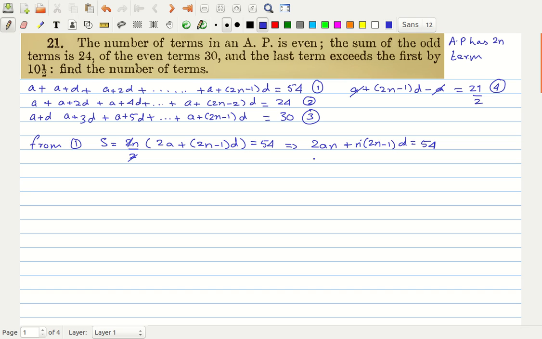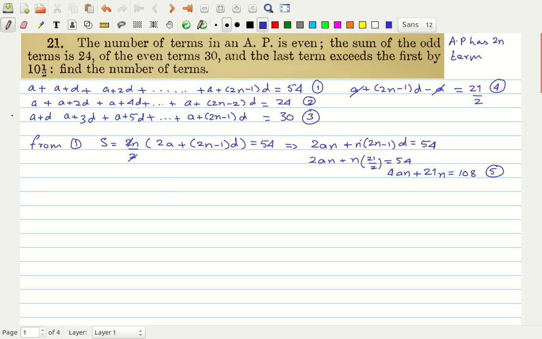So we get 2an plus n times 21 by 2 is equal to 54, or this means that 4an plus 21n is equal to 108, right? Let us call this equation number 5.